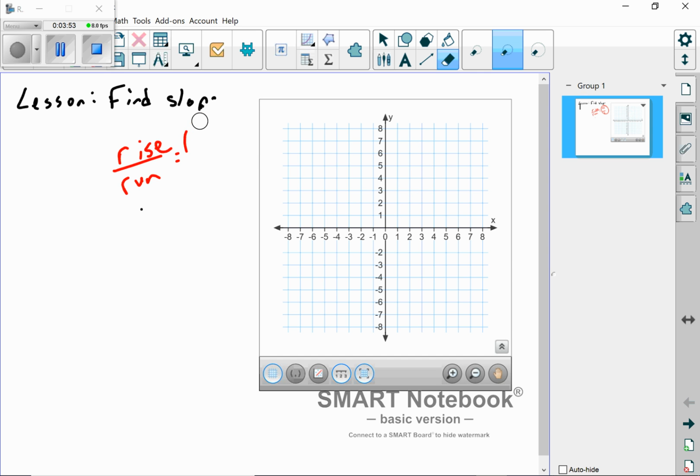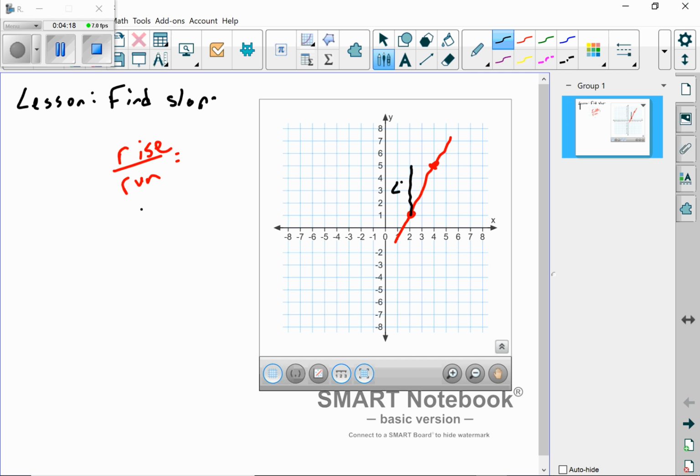We just want to make sure we reduce fractions. So let's say that we have (2, 1) again, and maybe we'll do this one. So we have this line, those 2 points. My rise is going to be 4, run is going to be 2.